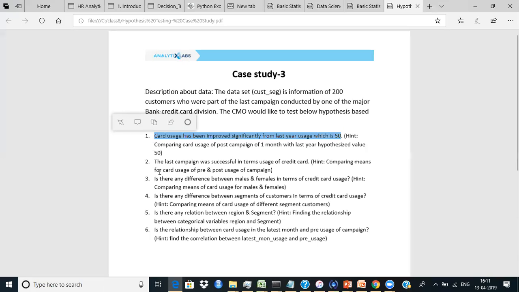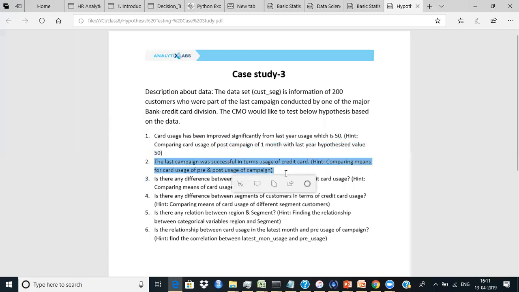Okay. Now, the next one. Read the next one. Yes. So the last campaign was successful in terms of usage of credit card. What is the null hypothesis here? Why did banks do campaigns?